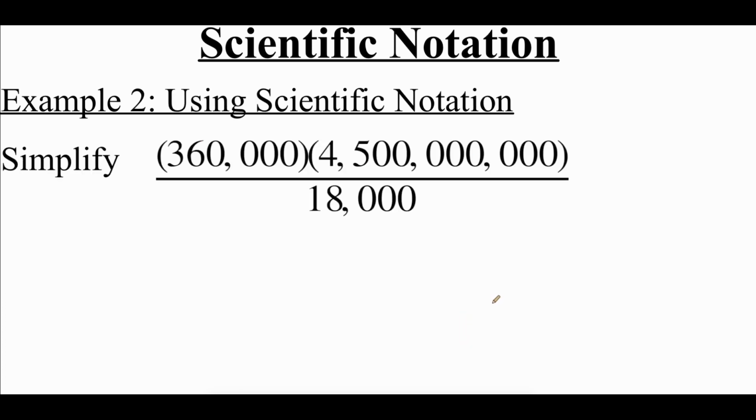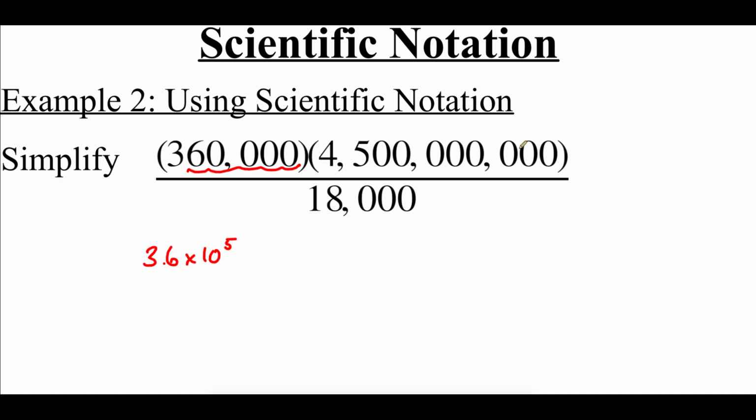In this example, we're going to look at using scientific notation to help us simplify this fraction involving some larger numbers. So I'm going to start by looking at the 360,000. We're going to rewrite that in scientific notation. We have to figure out how many spaces to move the decimal. It looks like 1, 2, 3, 4, 5 spaces. So we can rewrite that as 3.6 times 10 to the 5th.